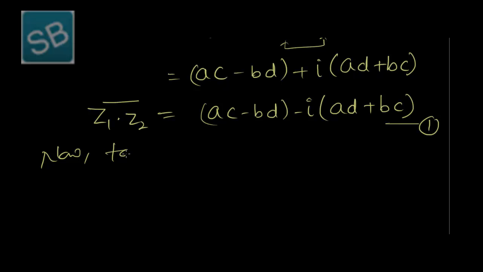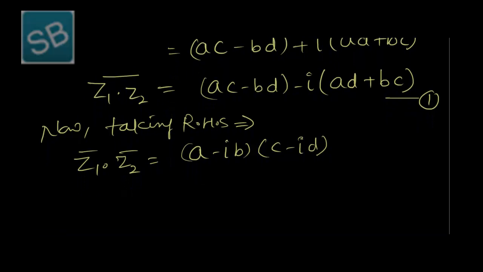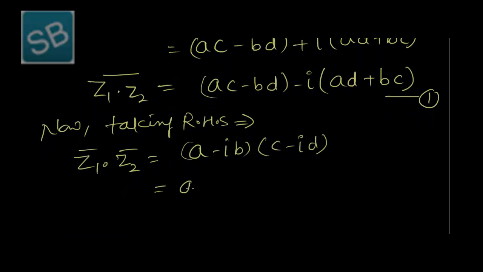Now taking the right hand side, that is Z1 bar into Z2 bar, that is (A minus iota B) into (C minus iota D), that is AC minus iota AD minus iota BC plus iota square BD.